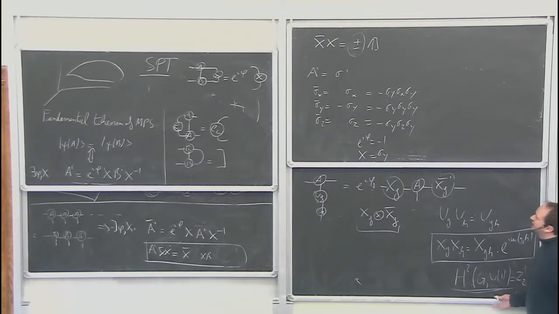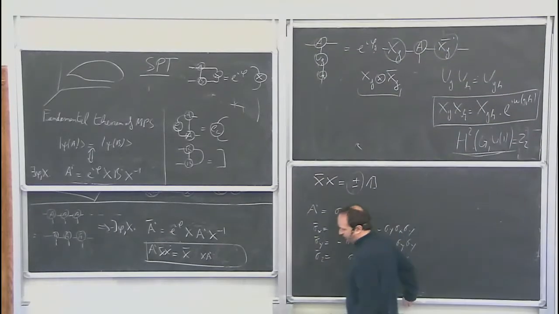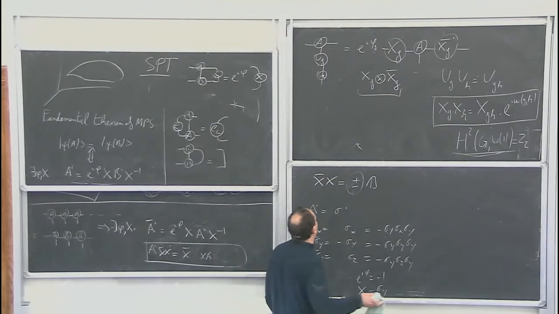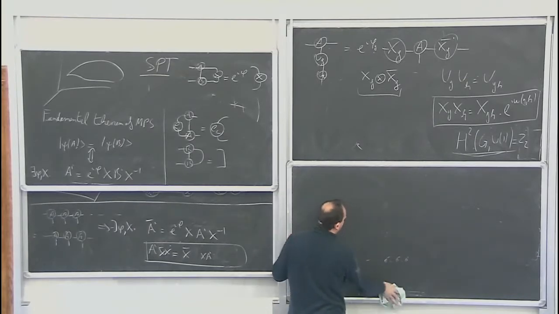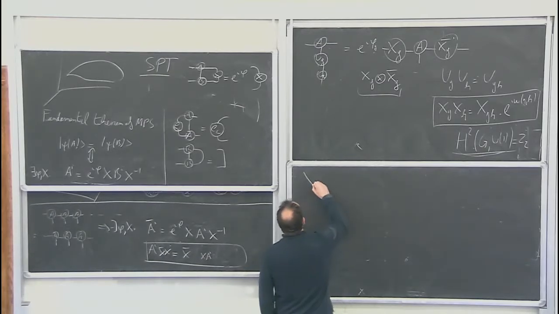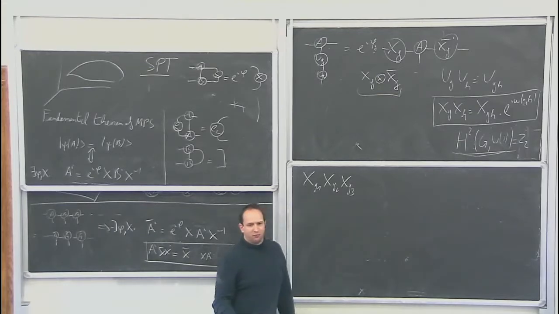But you can easily do that for any group. And how do you do this? It's nothing more than simple linear algebra to find all these projective representations. There is a condition of associativity that you have to impose. If X_g times X_h is equal to X_gh e^(i omega(g,h)), then if I take three group elements g1, g2, g3, there are two possible ways of multiplying them, because the product of matrices is associative.